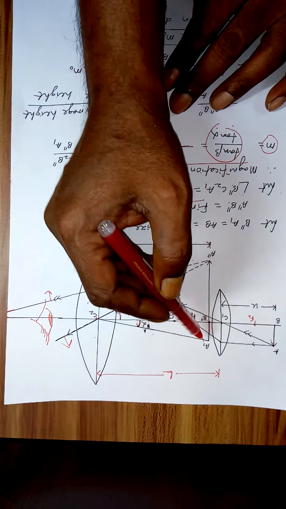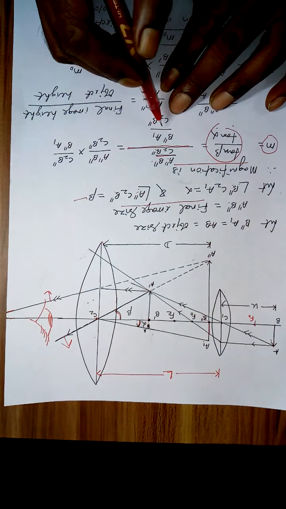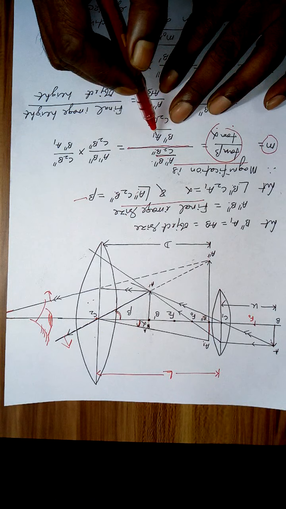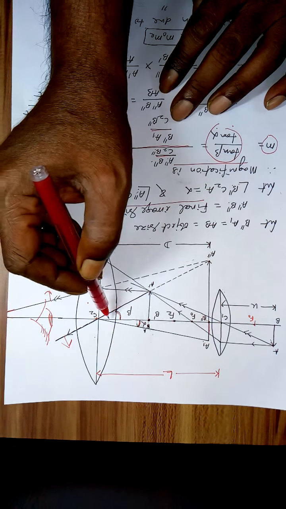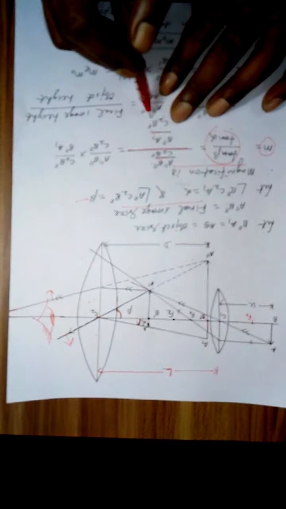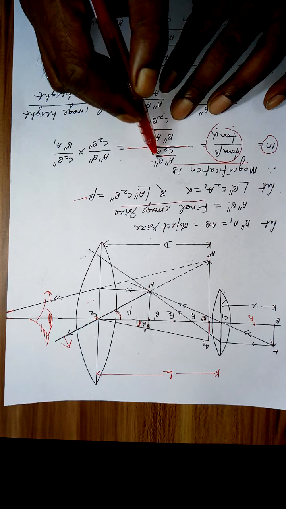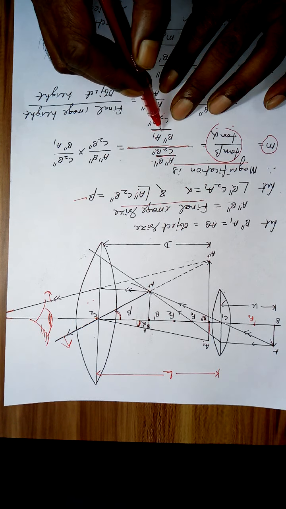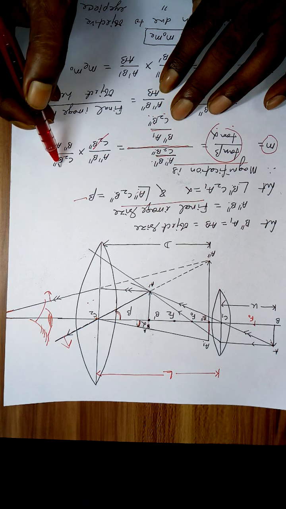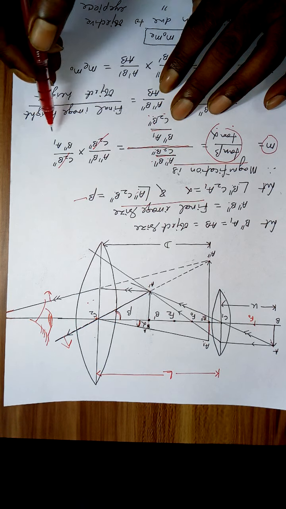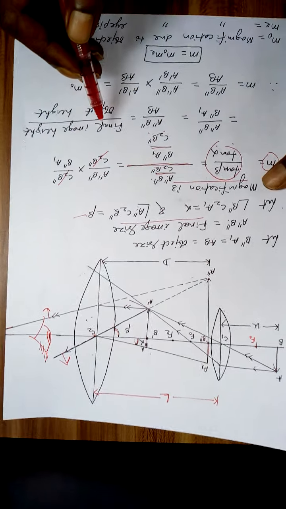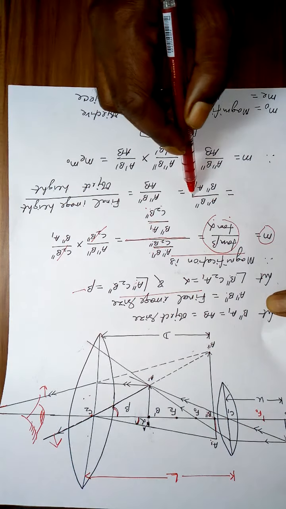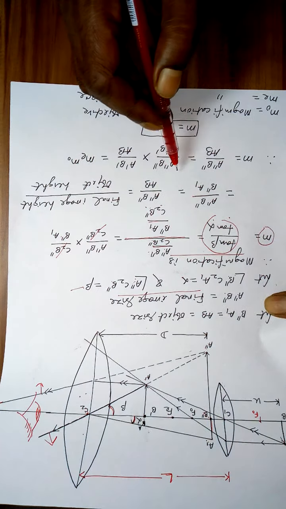Tan alpha is A1 B double dash, or B double dash A1, over C2 B double dash, that is perpendicular by base. So this comes to the numerator, this remains the denominator, this cancels with this, so I am left with these two only. So that is equal to A double dash B double dash over B double dash A1.